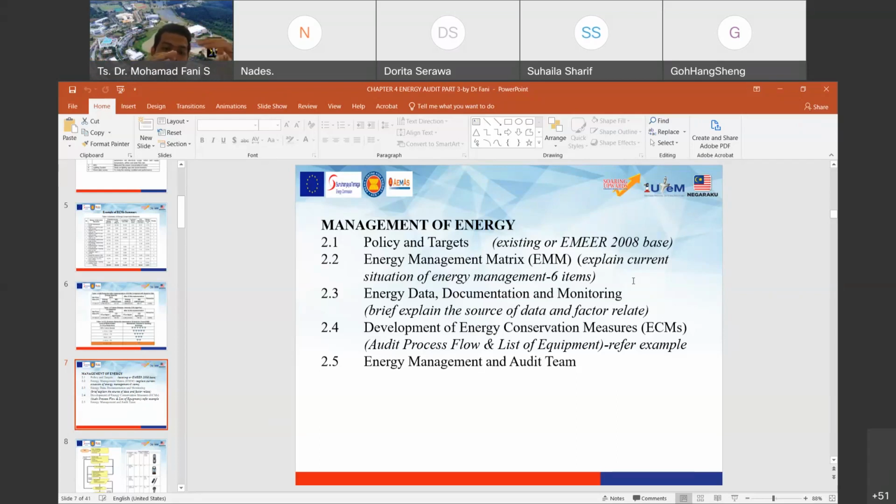If you do the energy audit for a manufacturing factory, please find the factor related, maybe the output of production, the raw materials, or other related factors such as numbers of workers.